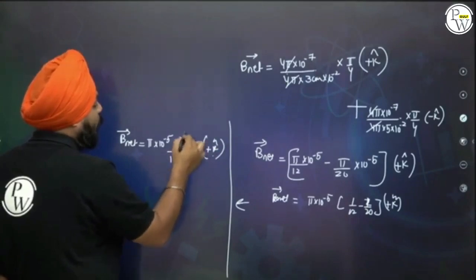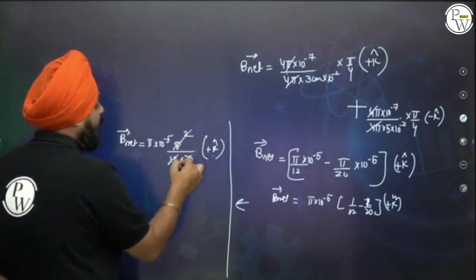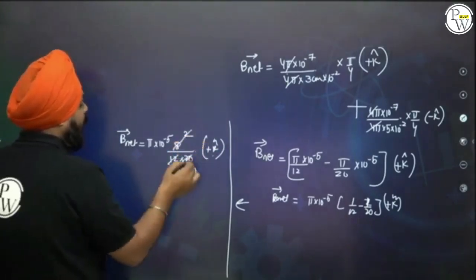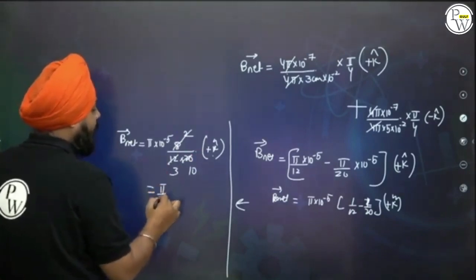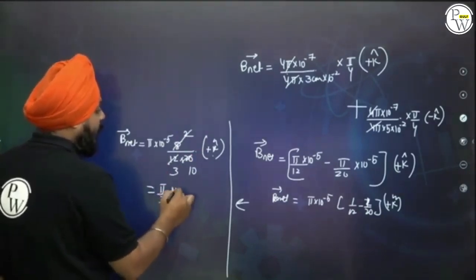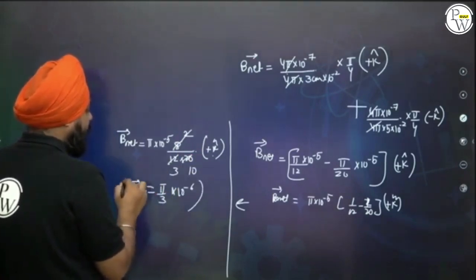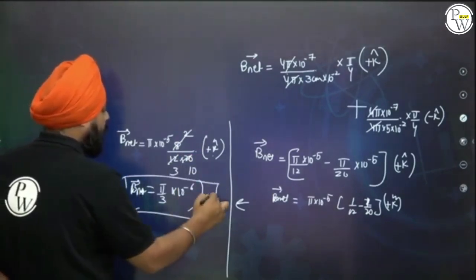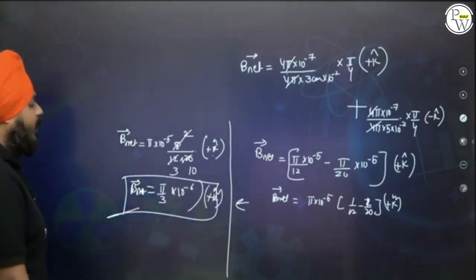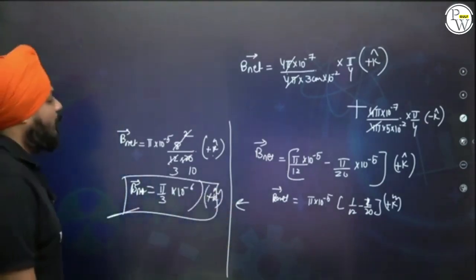This is going to be, 4 2s are 4, 3s are 2, 10s are, so pi by 3 into 10 to the power minus 6. This will be the net magnetic field, into plus of k.